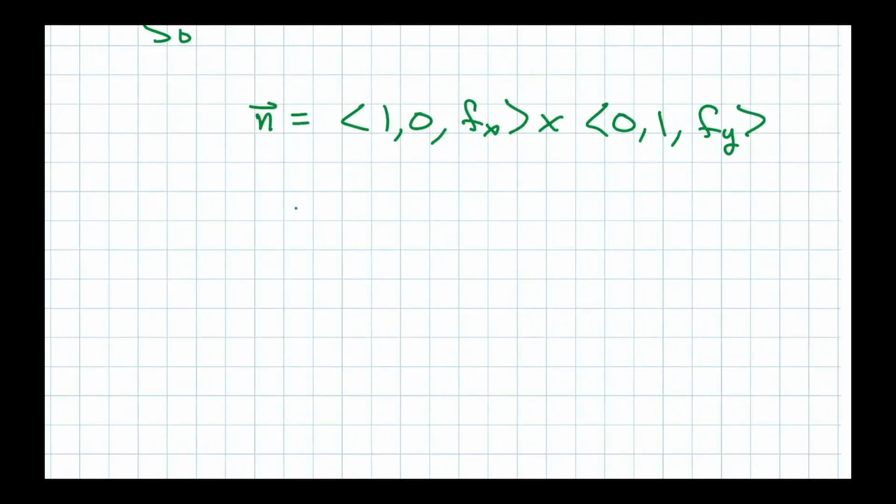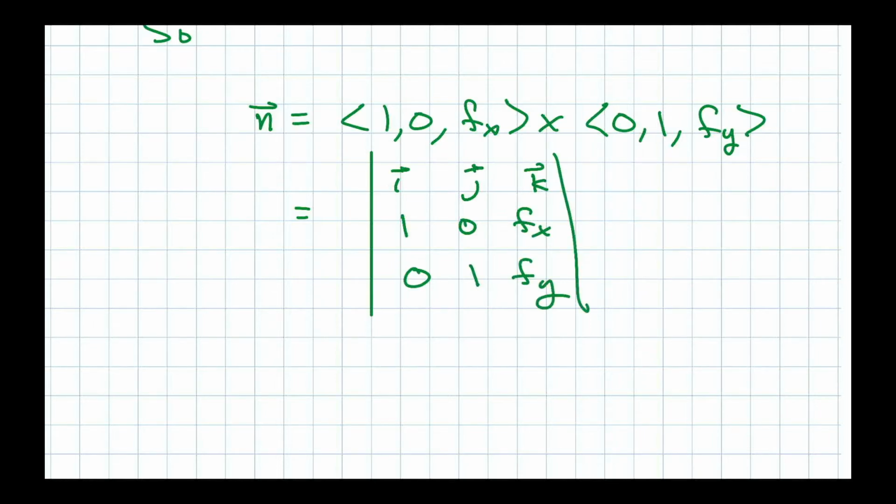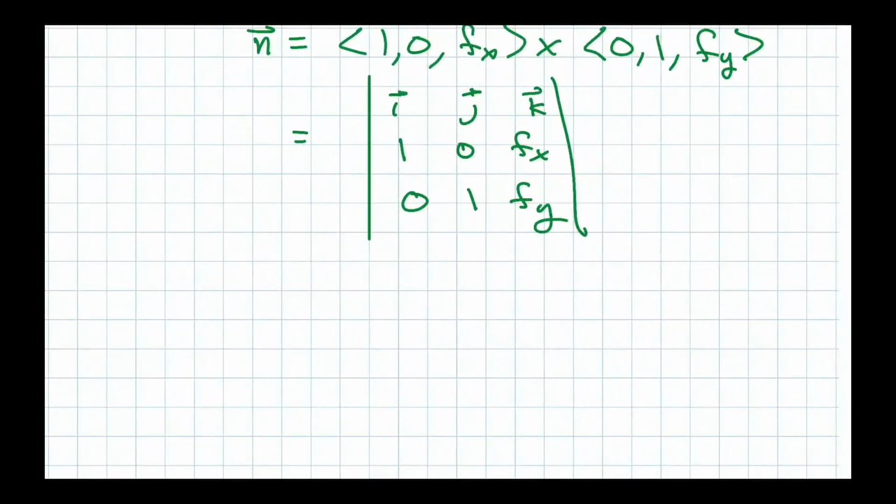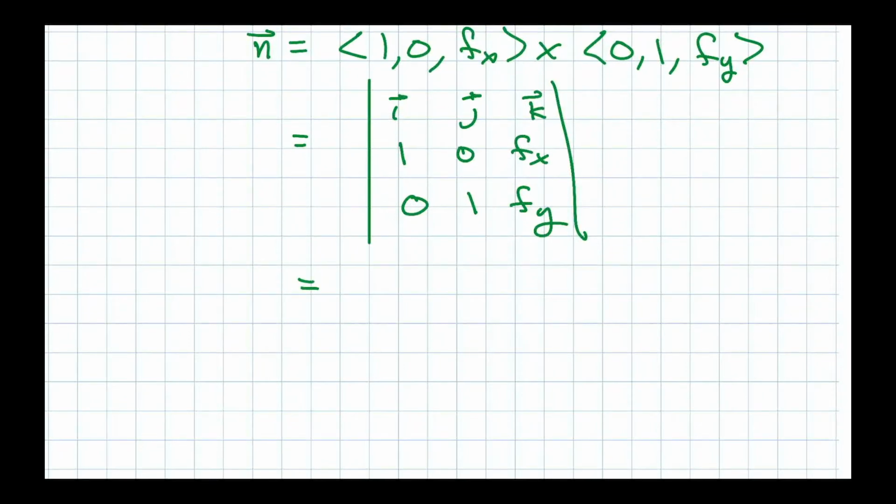Now, we actually have to perform that cross product. We'll just do it by hand here. i, j, k, 1, 0, fx, 0, 1, fy. So we're going to perform this cross product. We've done that a few times.